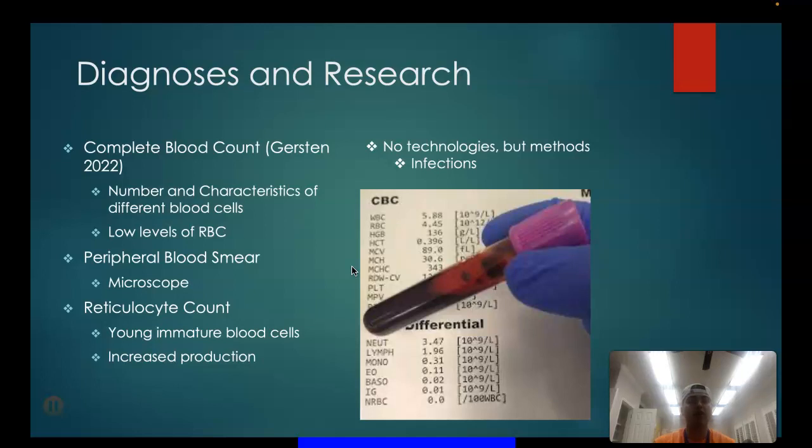And so if you have a lot of these, this test helps determine whether the anemia is due to an increase in red blood cell production or red blood cell destruction that leads to red blood cell production. This is not part of a routine checkup and requires referral to a specialist. As far as research goes, there is no technology, but there are methods such as the ones to the left that help diagnose and treat hemolytic anemia.